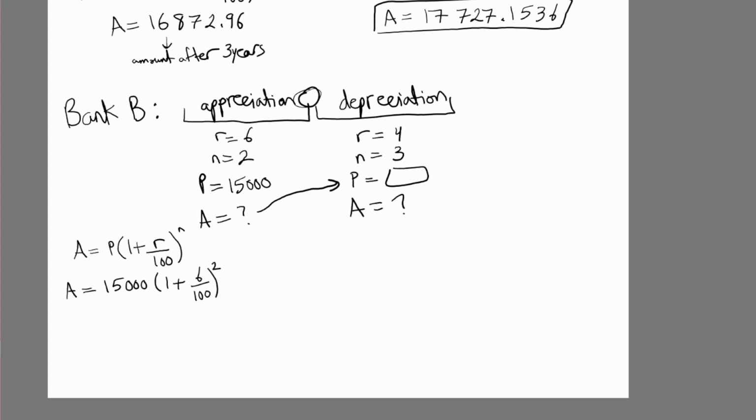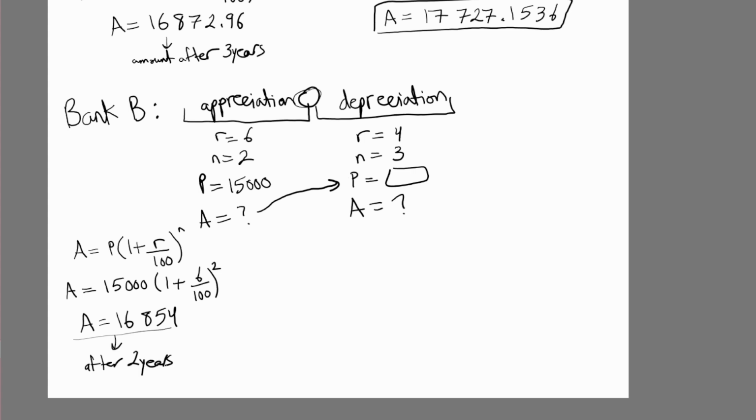And I'm gonna go ahead and plug these numbers on the calculator. So we get that the amount is equal to 16,854. So this is the amount after 2 years, okay?